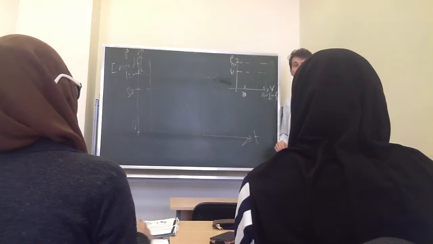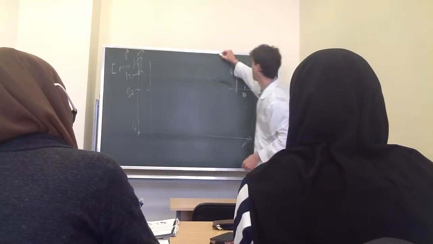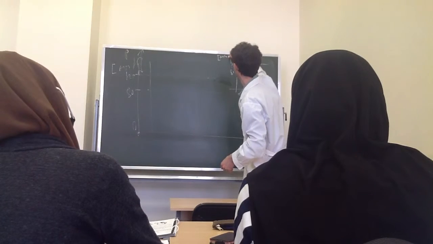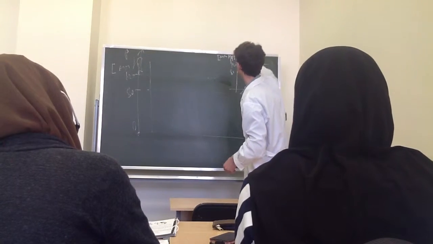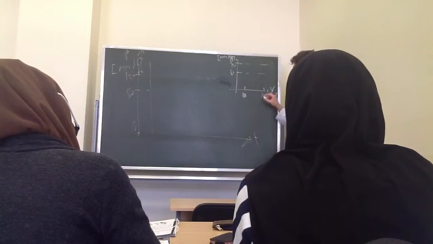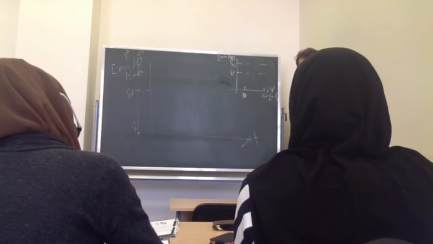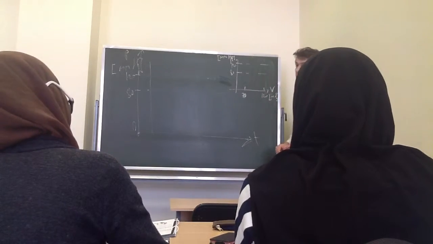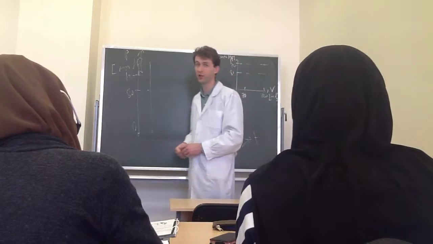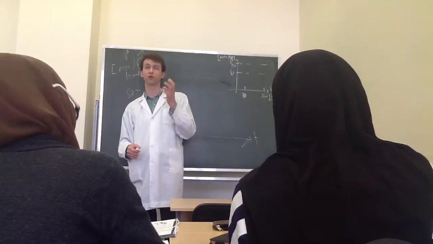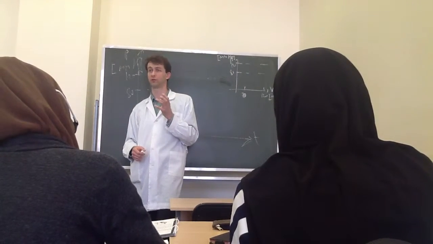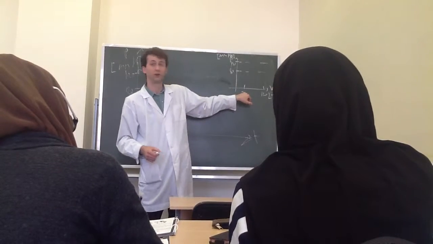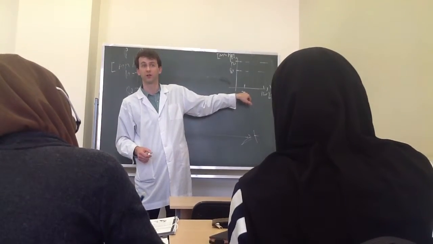So what would be the point on this graph? Here is millimeters of mercury, also 120, 80. Which point would characterize the pressure and volume of the left ventricle at the end of the diastolic period?